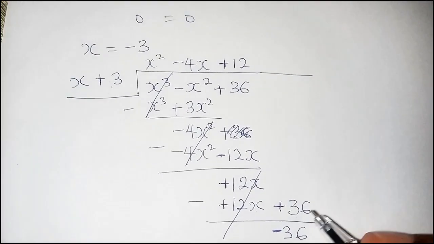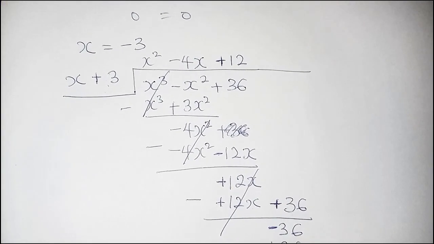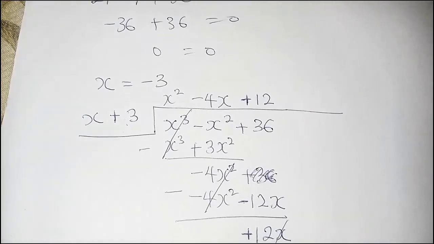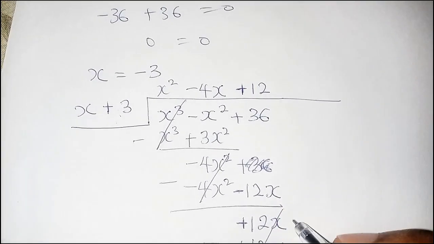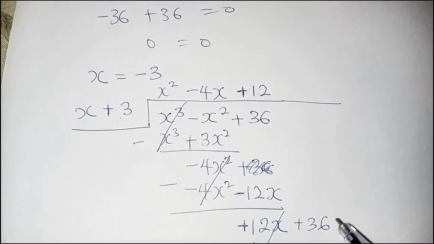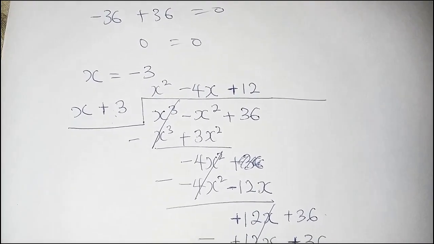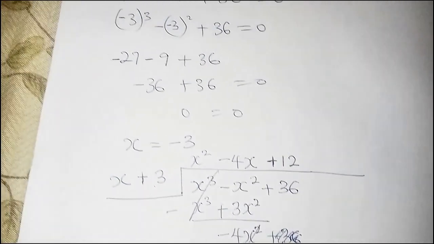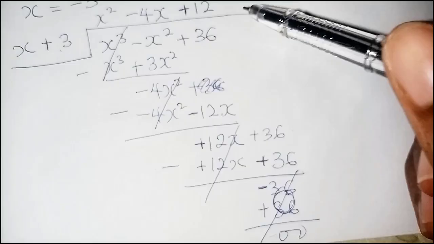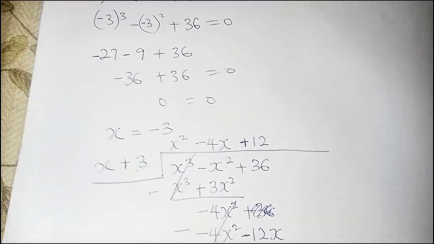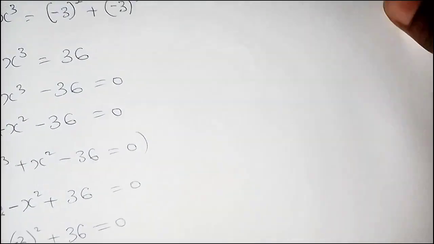And bringing this one down, plus 36, so that cancels out. Alright, because we already have it here. So 36 minus 36 will give us 0. Alright, so next thing we're going to do, since we have this and this, we are going to move further.